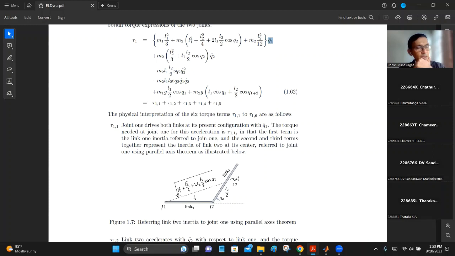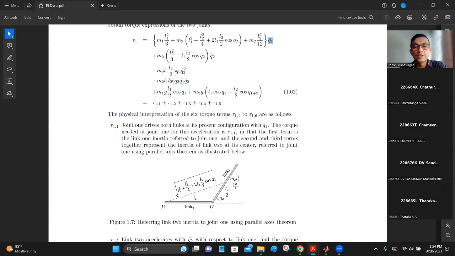This is the cosine theorem applied on this triangle. This is L1, the base length. The other side is L2 over 2. And what is this distance? Of course, this is the equation.